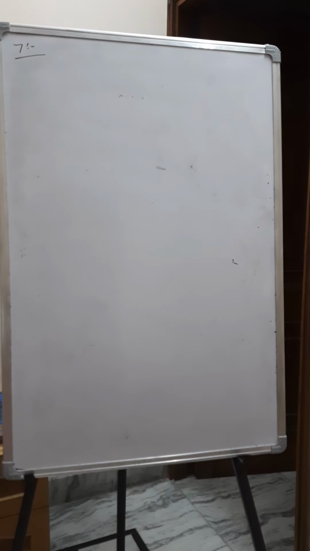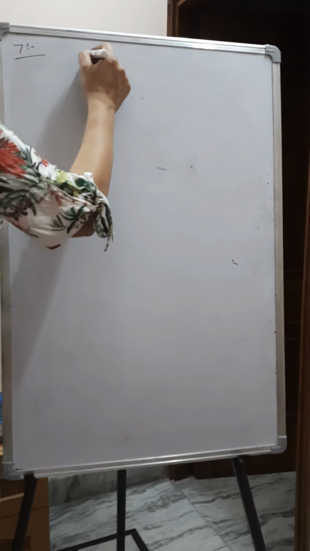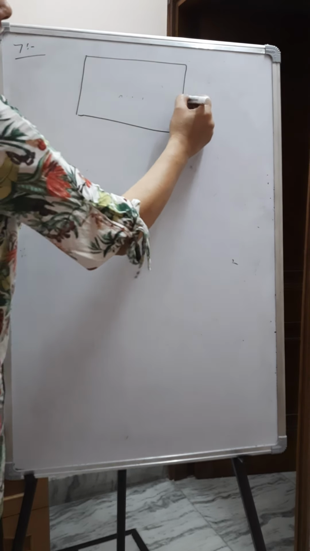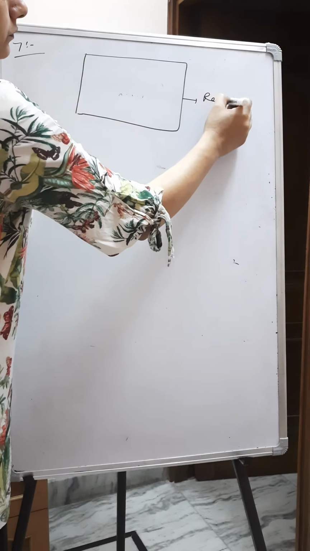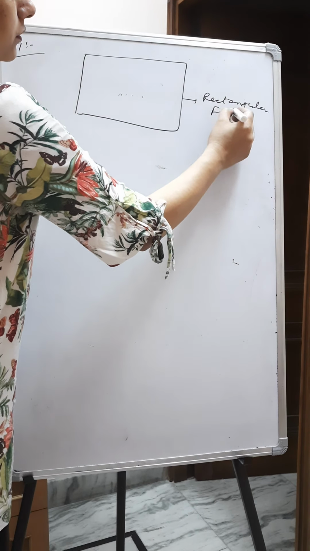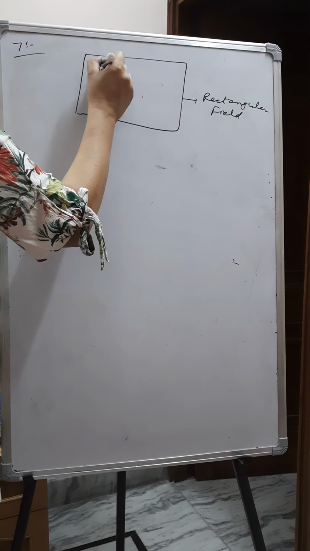A path 5 meter wide runs along inside a rectangular field. This is the rectangular field. Inside this, there is the path.